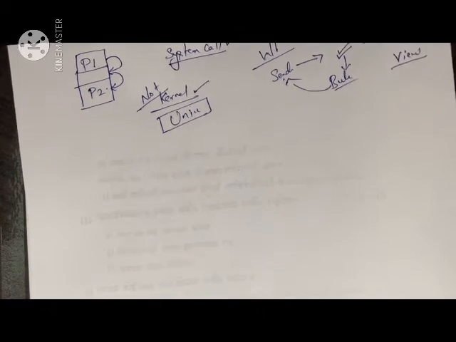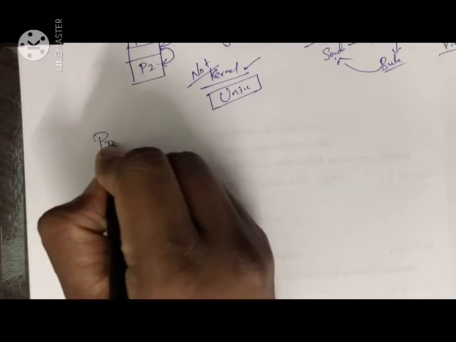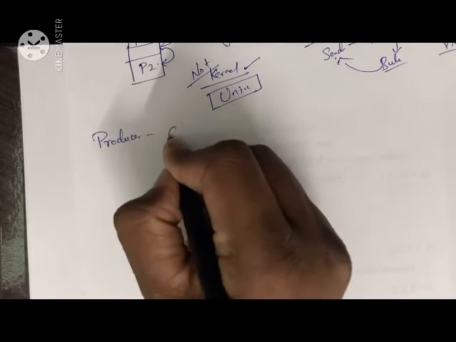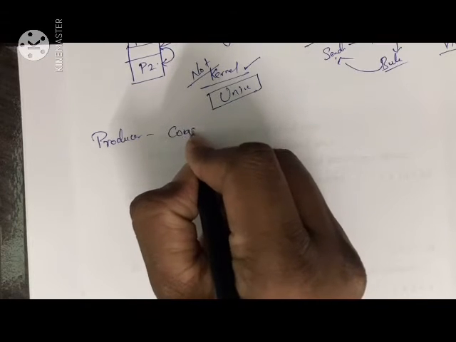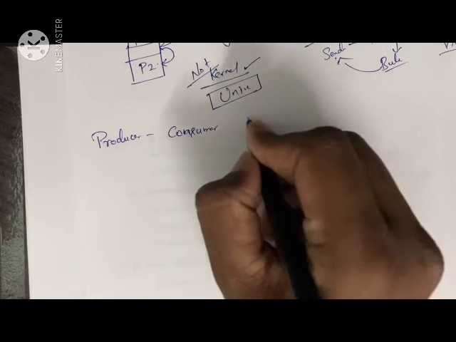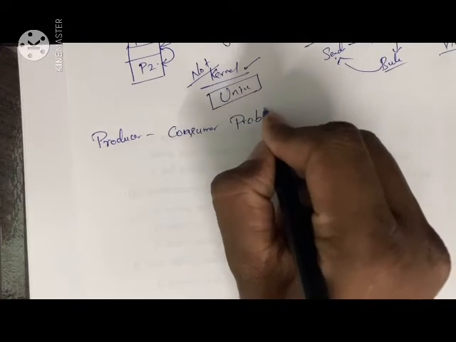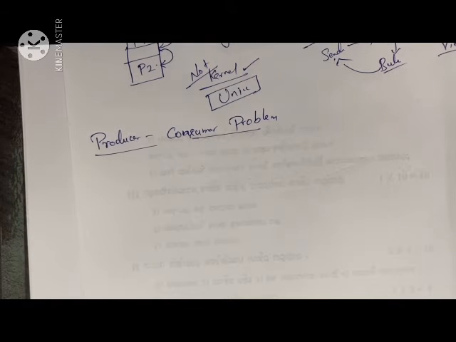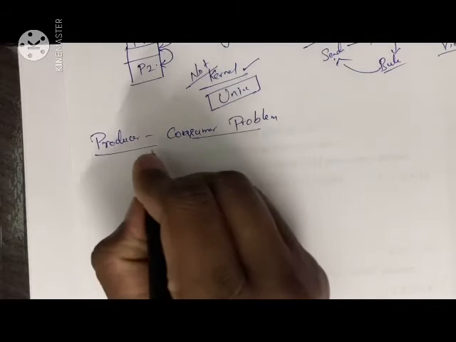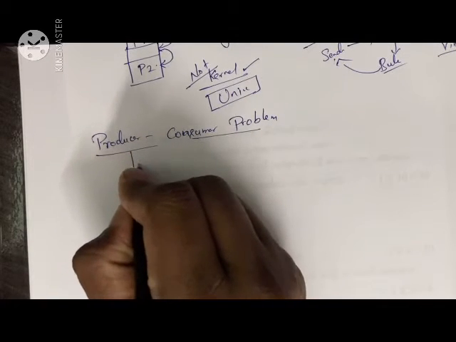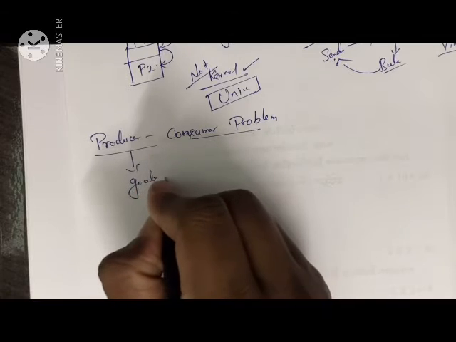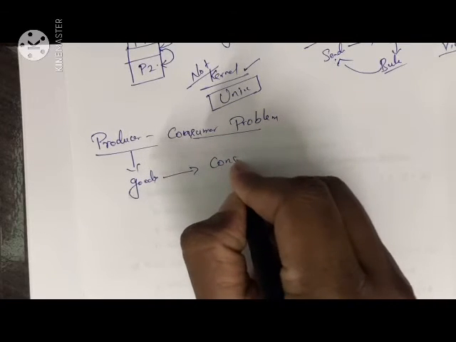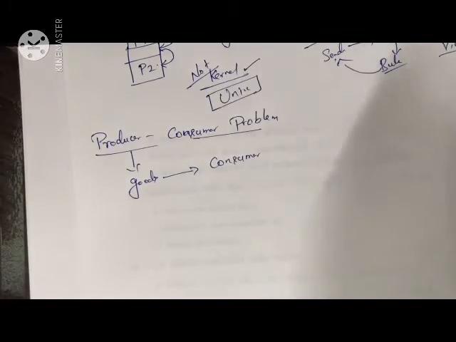We will see one small example of a shared memory system, called the producer and consumer problem. So what is the producer consumer problem? Say, for example, the producer produces some goods and that is used by the consumer.